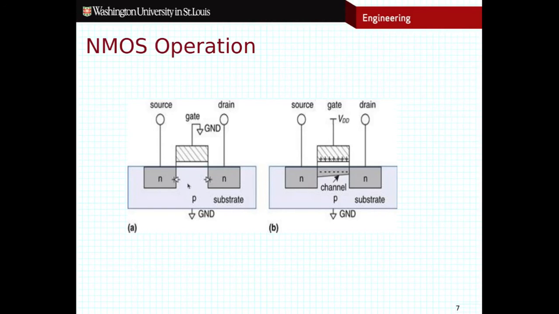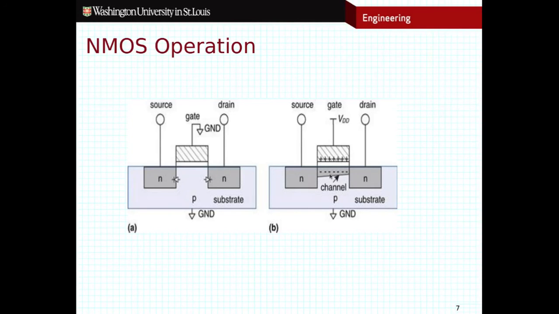It's essentially blocked off. If we want to turn this transistor on, if we want to flip the switch, we need to apply a voltage to the gate. So that's what we see here. VDD is a voltage that's being applied to this gate. And so here you see this positive voltage applied to the gate, which is going to attract electrons on the other side of the silicon dioxide, on the other side of this piece of glass.